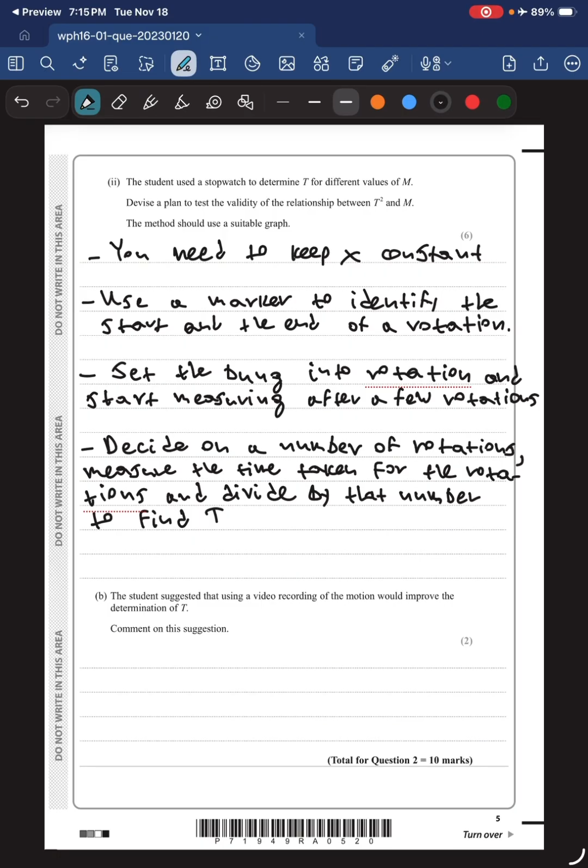The students suggested that using a video recording of the motion would improve the determination of t. Comment on this suggestion.